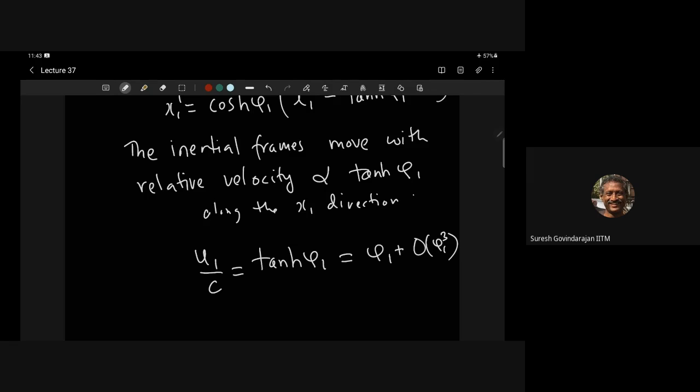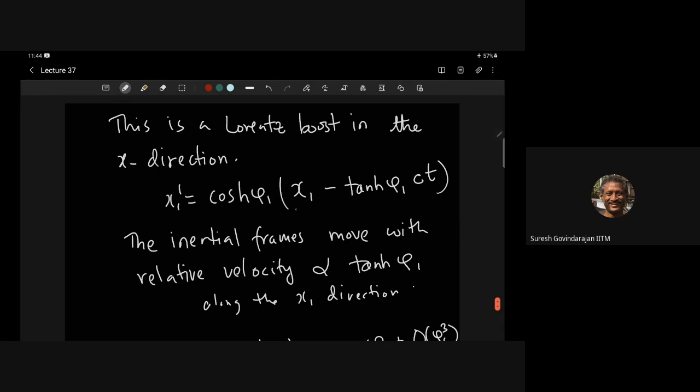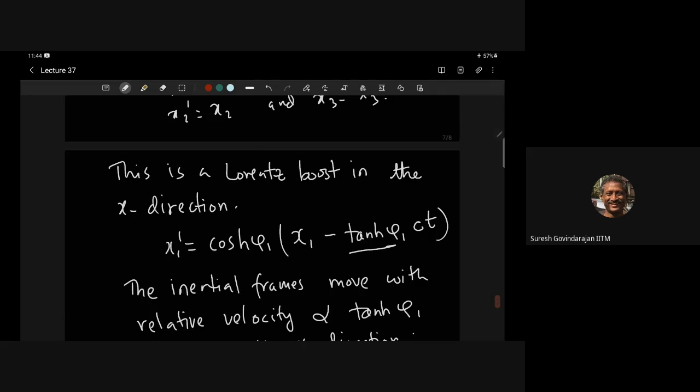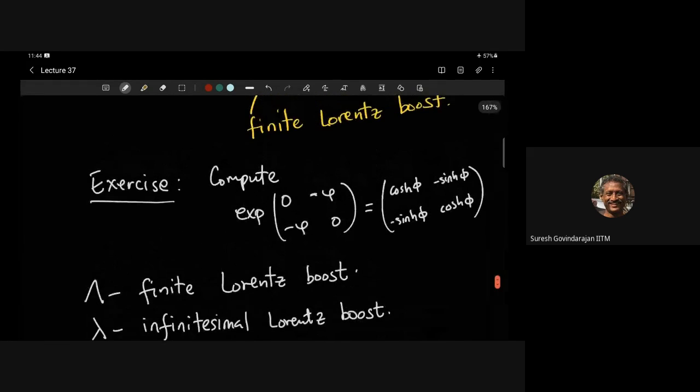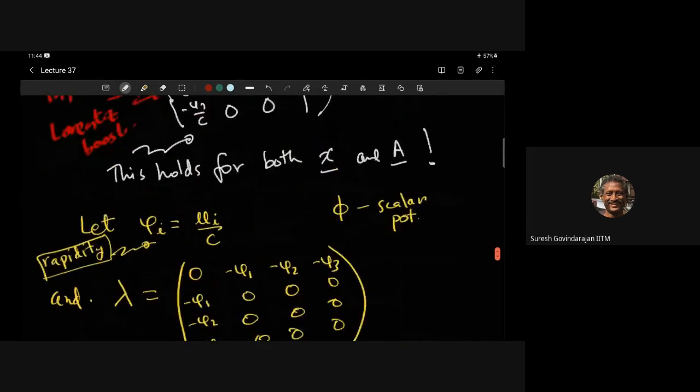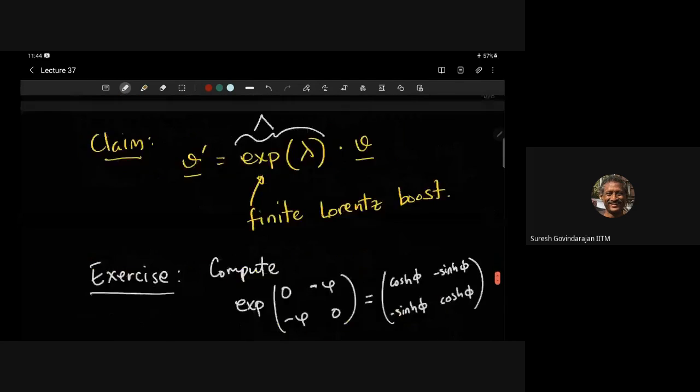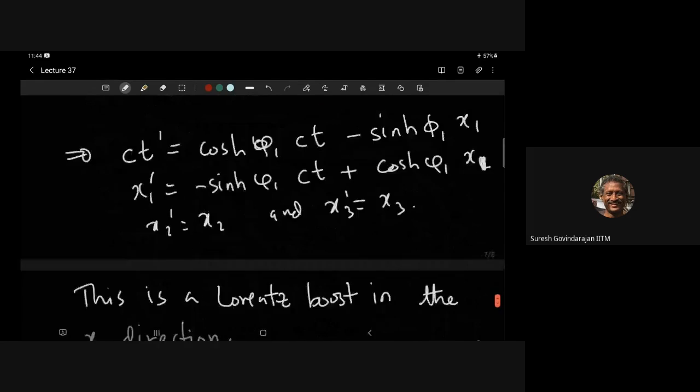So you see my claim. We will make this more precise in a short while, but this combination should have been x minus ut. You see that u by c becomes tanh of phi. This is not something obvious, at least to me, and that is why I wrote this and said we re-express everything in terms of rapidity. So rapidity and velocities have a more complicated relationship.